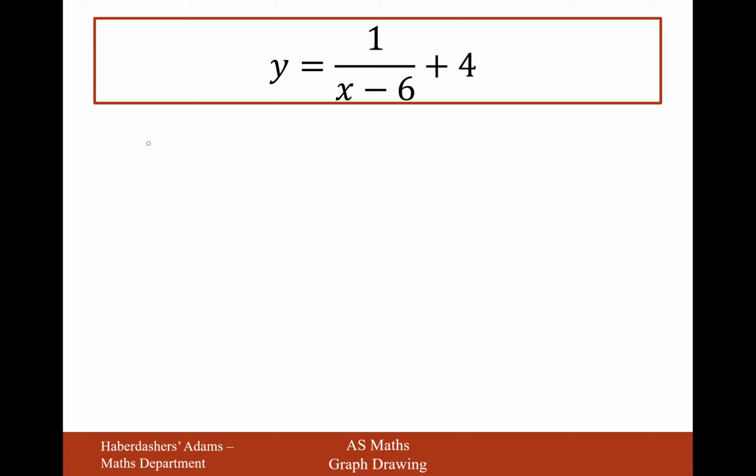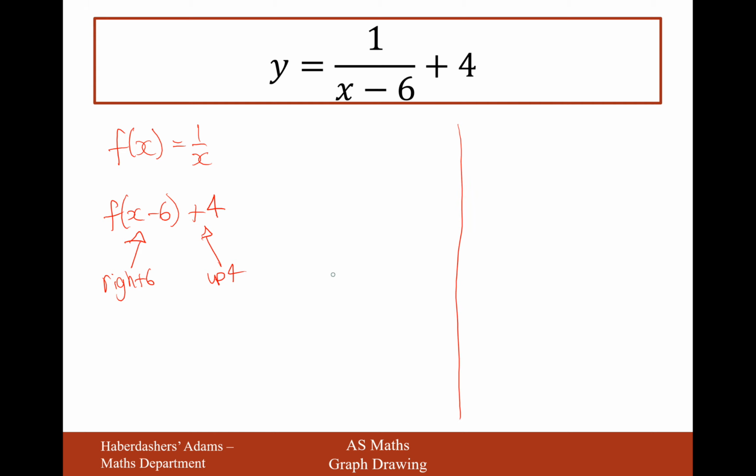Okay, on to the next function. So similar idea here. The parent function here is 1 over x, and the transformations are going to be -6 inside the brackets and then +4 outside the brackets. So we can see here that we're going to be moving this right by 6 and up by 4.